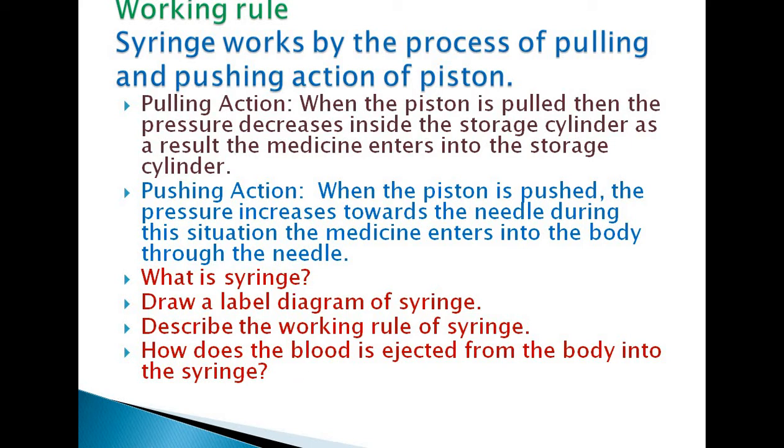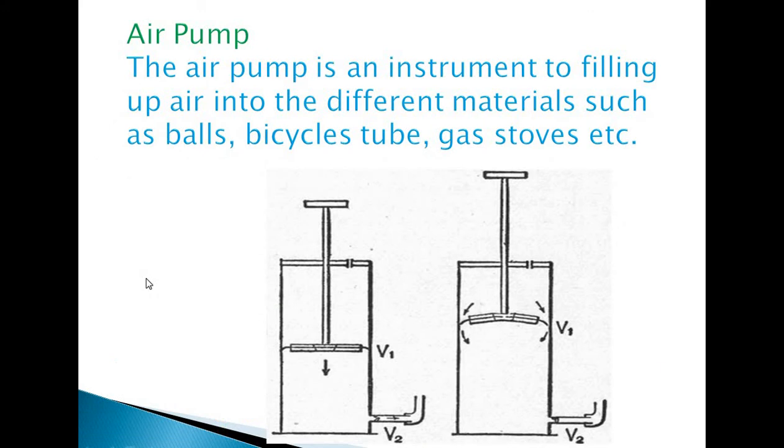And due to the atmospheric pressure on our body, the blood enters inside the storage cylinder. In this way, the blood is ejected from the body into the syringe. Okay, now we discuss another equipment, the air pump.